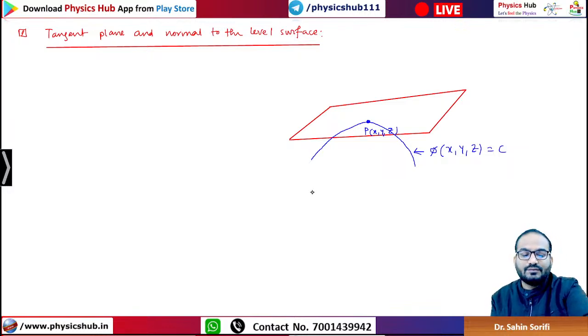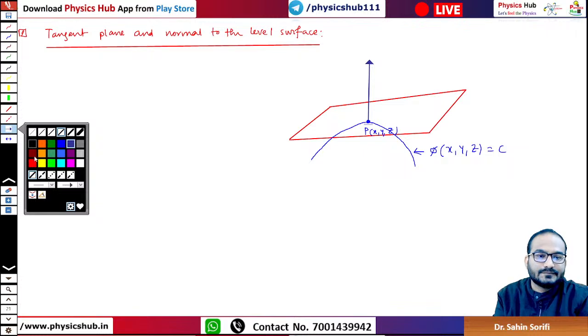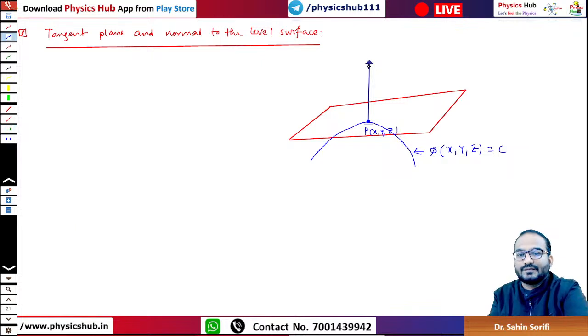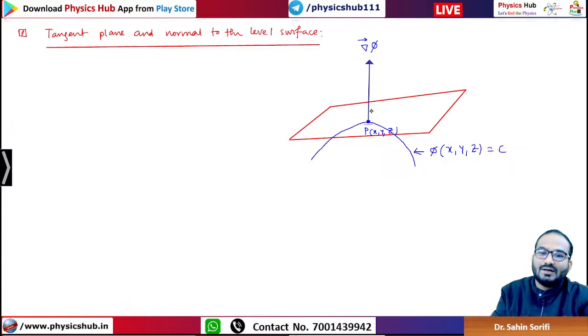So what if we draw the perpendicular? So if you draw this perpendicular, then what it will give you? It will give you the direction of grad phi, right? Now if I take any point on the plane, this is the tangent plane.